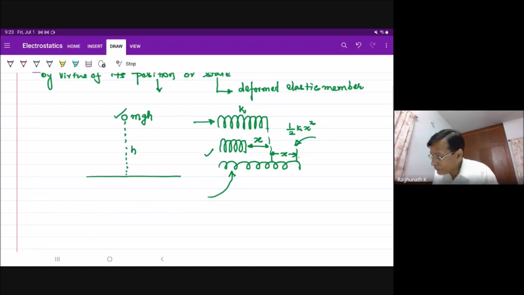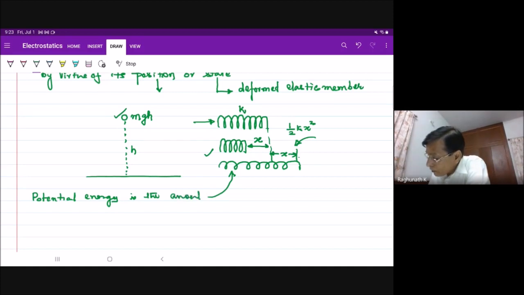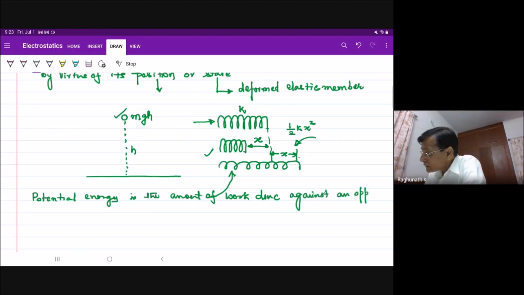Here, I will give a statement, a very important statement. Potential energy is the amount of work done against an opposing force.